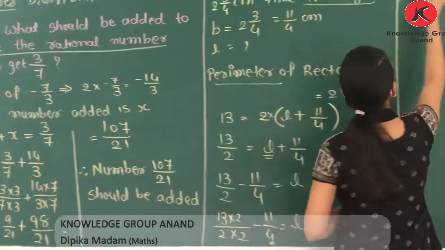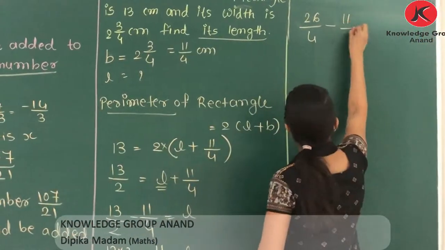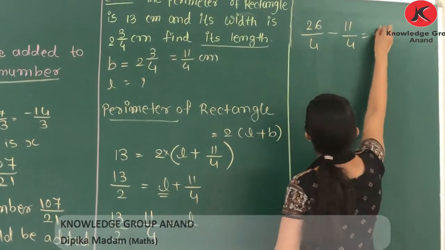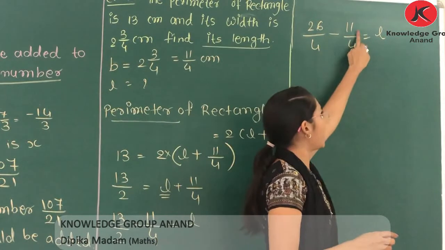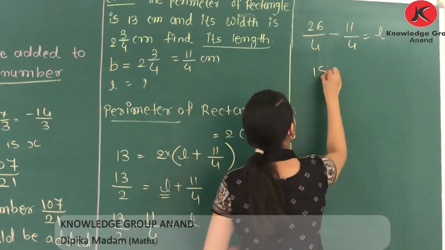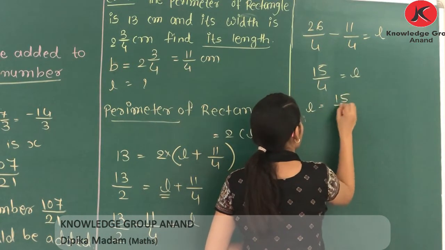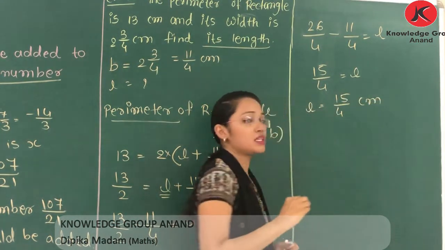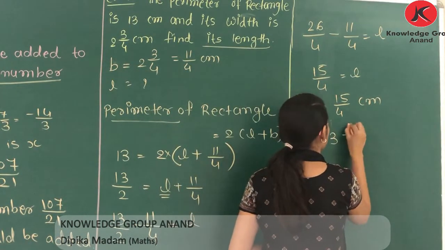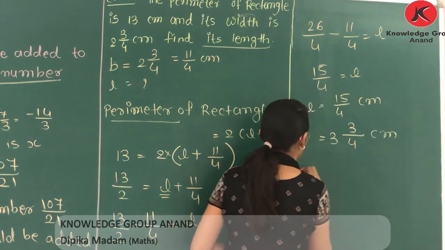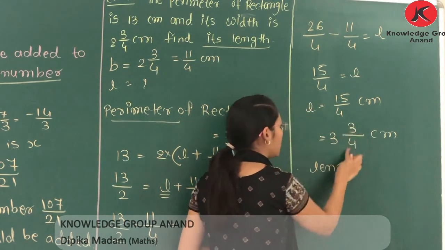So now both denominators are the same. So 26 minus 11 is 15. So what is the value of length? 15 by 4 centimeter. You can convert this into a mixed fraction, so we get 3 3/4 centimeter.